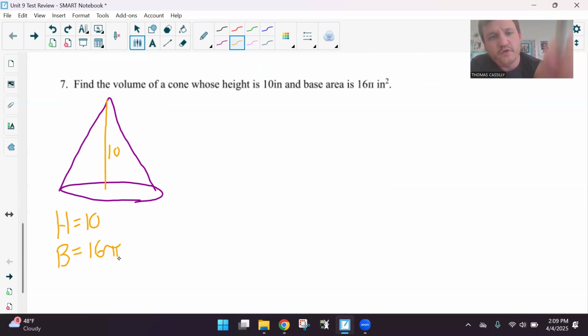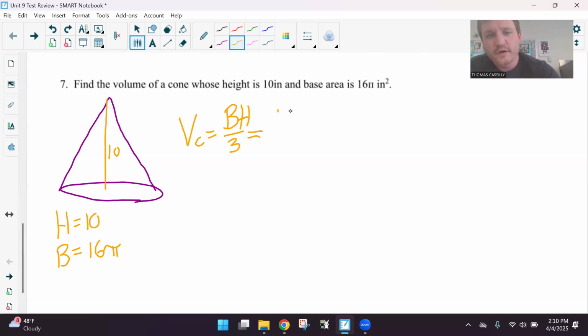I didn't even need that picture because the volume of a cone is equal to the area of the base times the height divided by 3. They pretty much just gave us the base area.